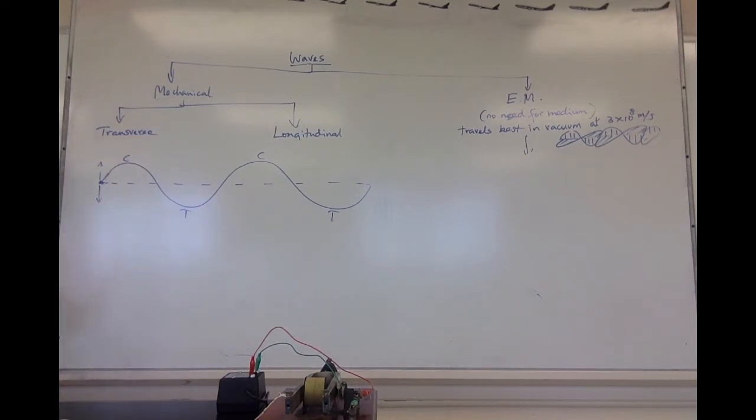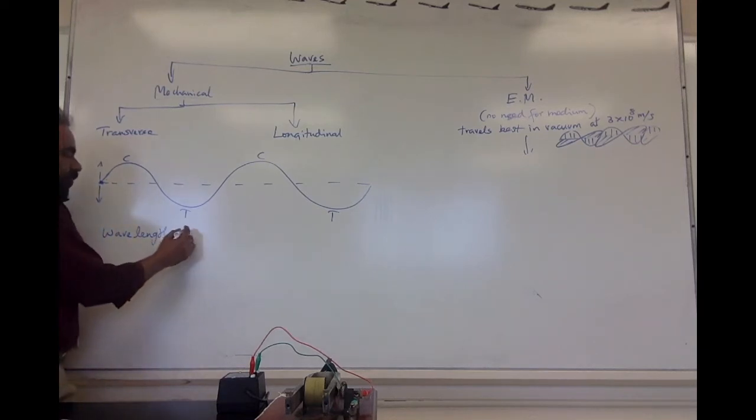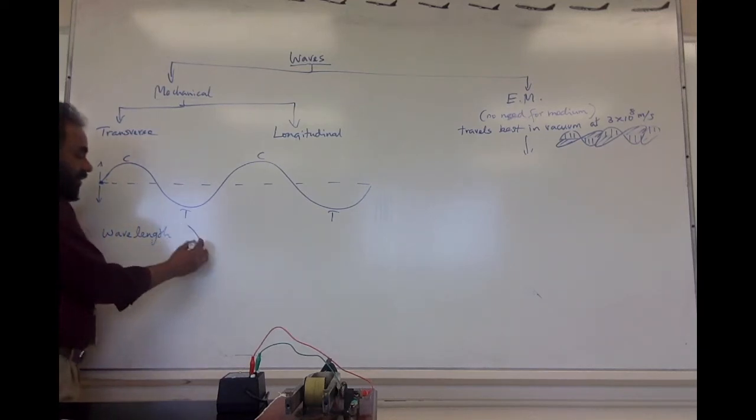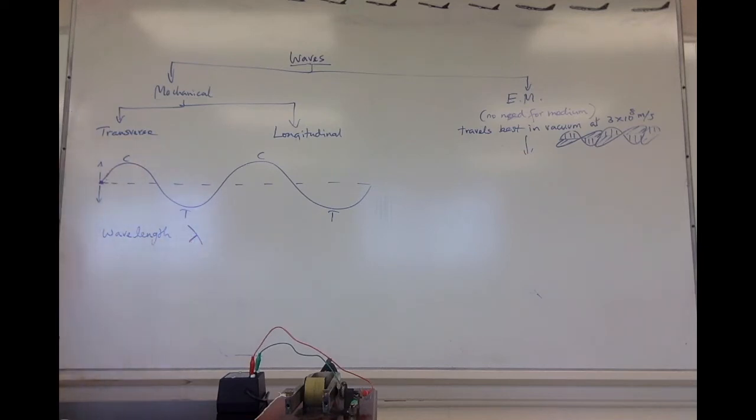And now we need some definitions here. The first definition is called wavelength. The symbol for wavelength is not L, it's lambda, which is a Greek L. Lambda.